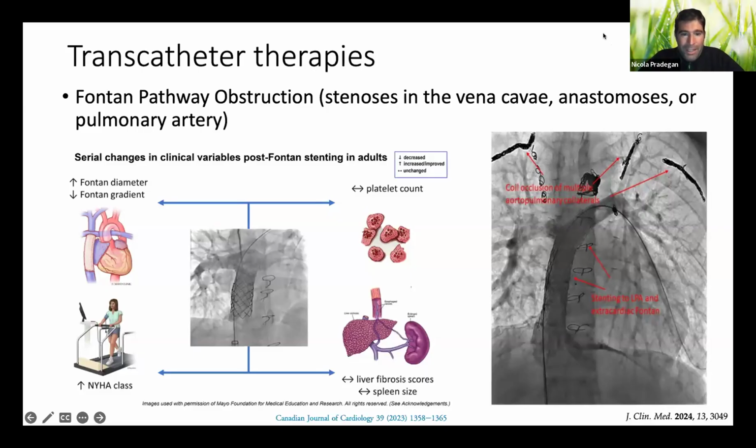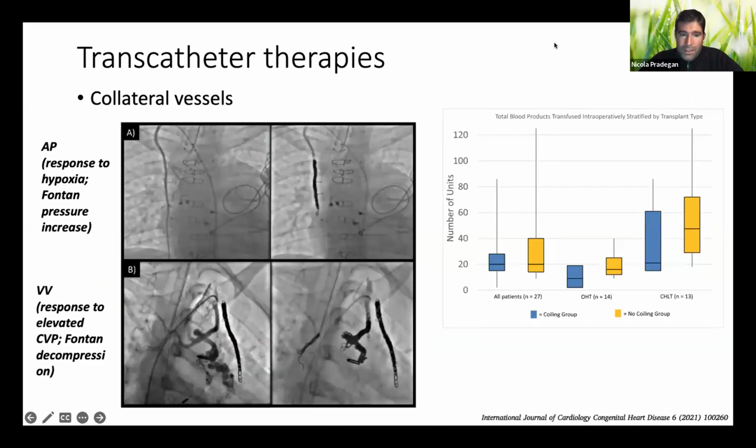But by the end, it's just a palliation if we consider the last endpoints. If you see in the study, we had an improvement, even if in a small number of patients, of the functional class of patients. But these procedures did not change the liver fibrosis scores, as well as the spleen size or the platelet count. A different point is represented by collateral vessels. You know that collateral vessels, both AP and VV, represent a nightmare for transplantologists, for cardiac surgeons.